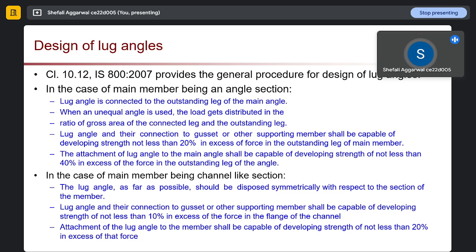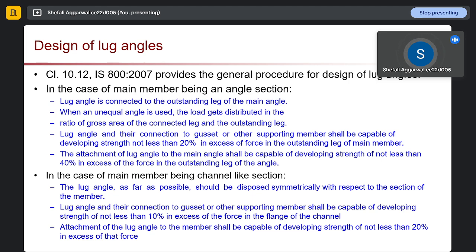When an unequal angle is used, the load gets distributed in the ratio of gross area of the connected leg and the outstanding leg. So lug angle and their connection to gusset or other supporting members shall be capable of developing strength not less than 20% in excess of force in the outstanding leg of the main member.